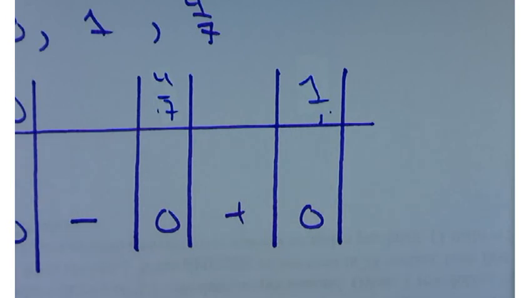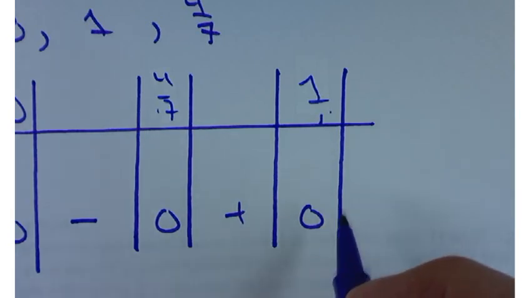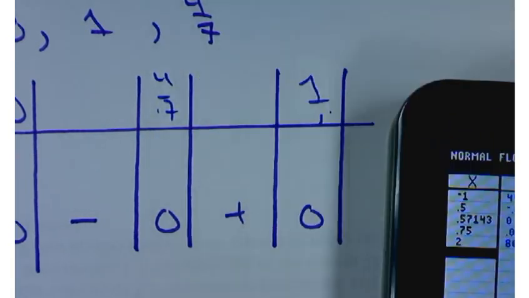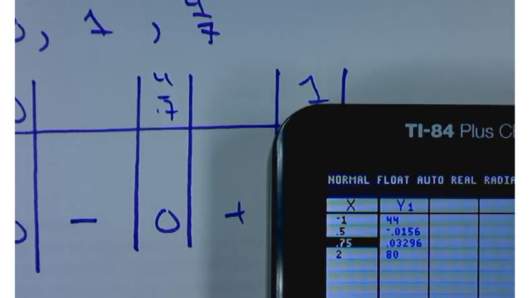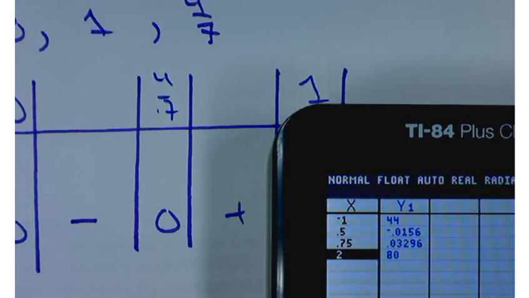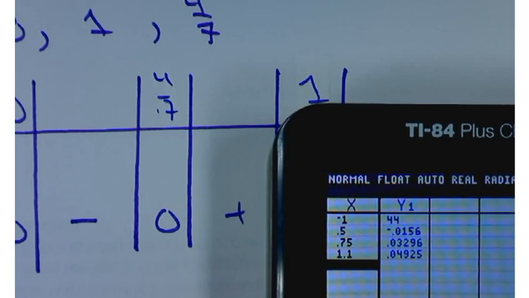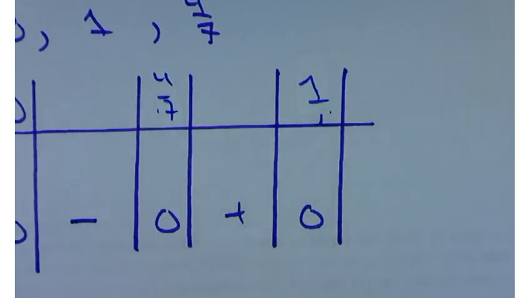And then to the right of 1, we'll just pick 2. Positive again. So positive, negative, positive. Let's do 1.1. Still positive. Both positive.